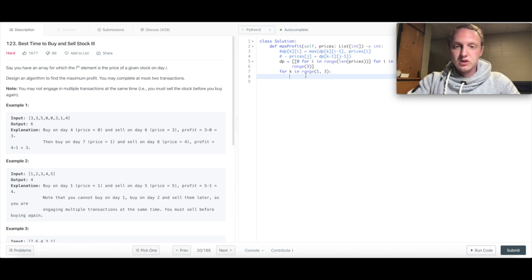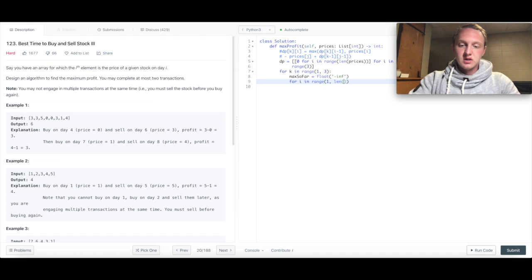Then what we want to do is to have a variable for maximum, something like max so far, which is going to be negative infinity. Then we're iterating over each day for i in range, still from 1, just because on day 1 we cannot really get any profit, so we just skip it. Length of prices.